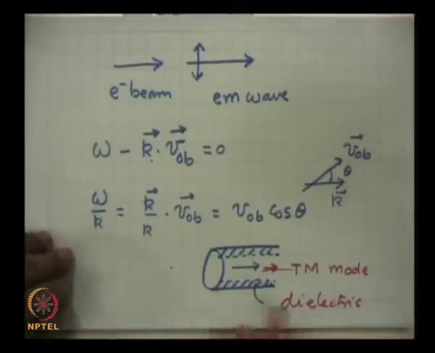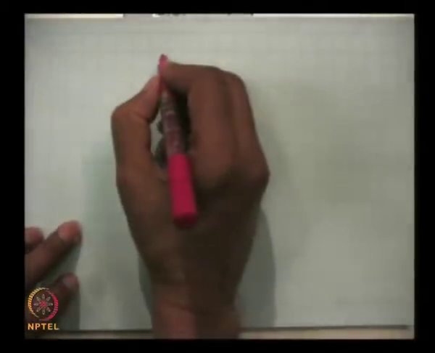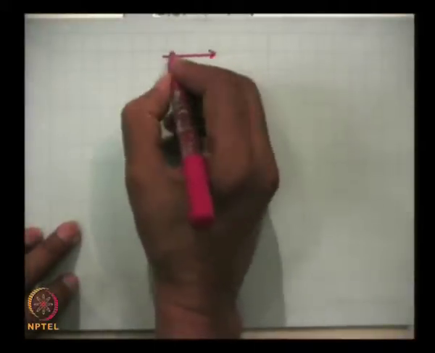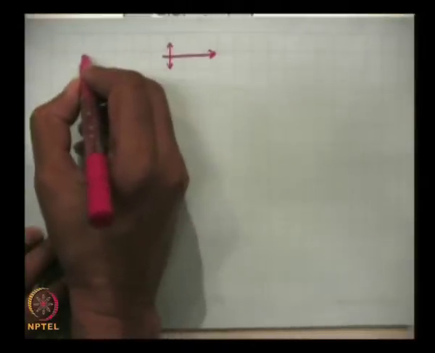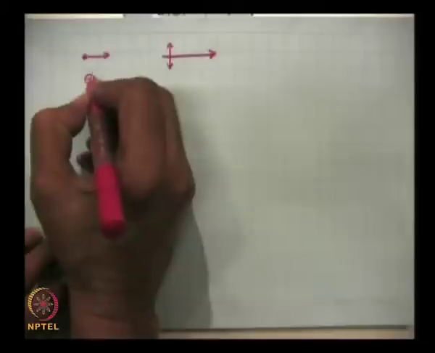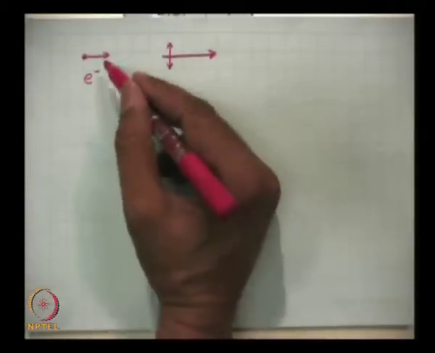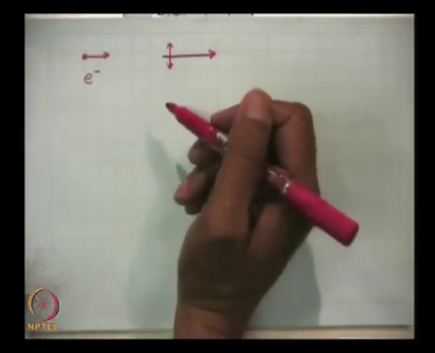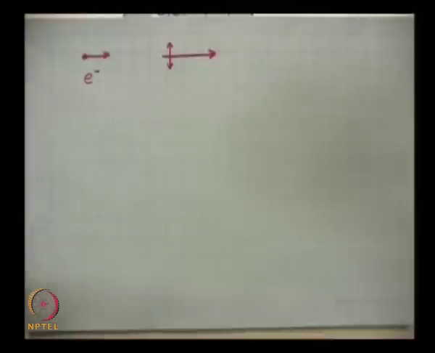There is another interesting device that does not slow down the wave, but it says that I want to generate an electromagnetic wave going in this direction with a transverse electric field, and the electron beam is coming from here like this. There is a possibility of energy transfer from here to here if there is a magnetic field in the system which can take momentum.